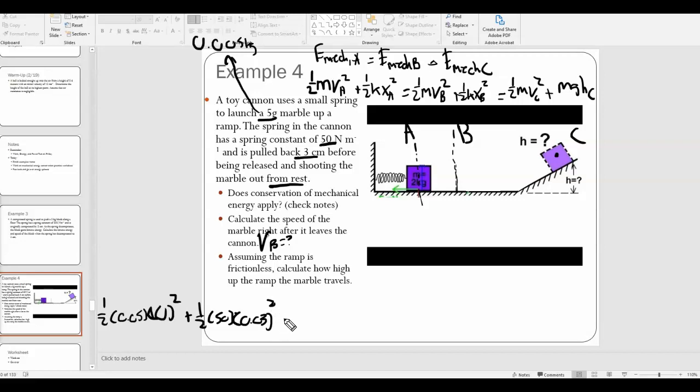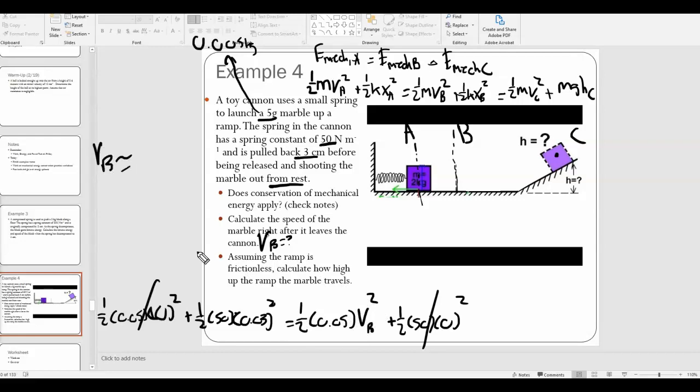That's the displacement from equilibrium, and that's equal to 1/2 times the mass times vB squared, which is what I'm looking for, plus 1/2 times 50 times the displacement from equilibrium at B, which is 0, because I already established that that's when it's going to leave the cannon, when the displacement is 0 again. So that term goes away and that term goes away. And now I can very easily rearrange this equation and get vB by itself.